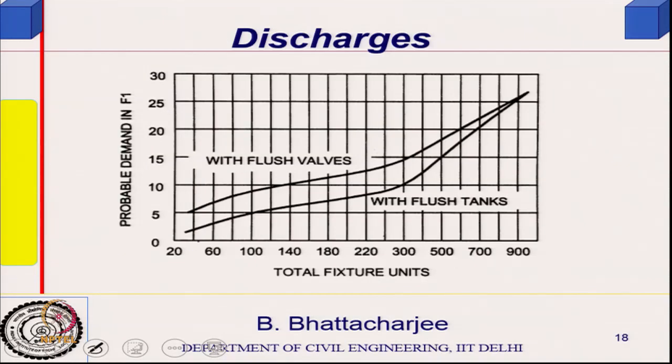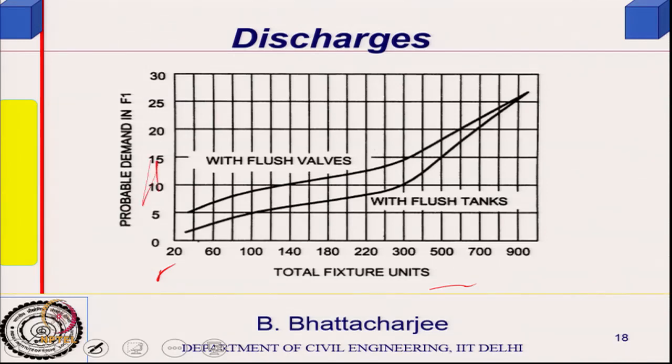Now, the graph from the code is reproduced. For small values of total fixture units, flush tanks with flush bulbs, right. This is dominant with flush bulbs or with flush tanks, possibly these days more of this.